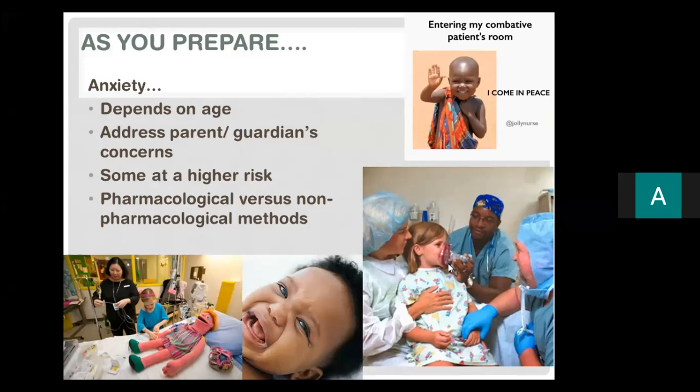Those are all to help with anxiety. And the reason this is pushed for is because these episodes of anxiety or separation or stress usually translate into mental health issues much later in life. And so that's why you want to prevent it and not be the cause of something like that.